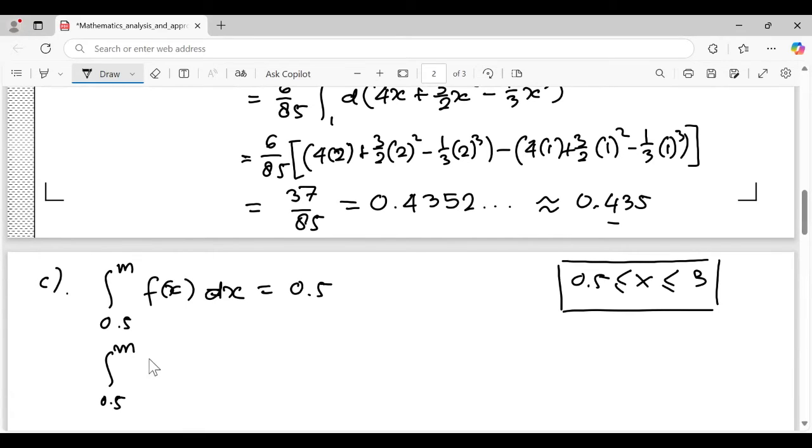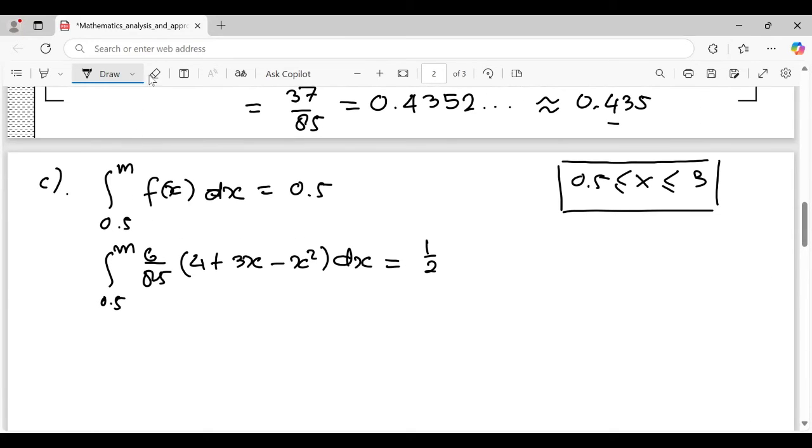f(x) is 6 over 85 times 4 plus 3x minus x squared dx, that equals half.